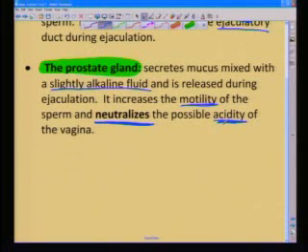And we don't want either the urethra in the male or the vagina in the female to be acid. We want it to be as close to neutral as possible. Otherwise the sperm cells will be harmed, and we don't want that. So the prostate gland secretes a mucus mixed with a slightly alkaline fluid, and its main function is to neutralize any possible acidity in the vagina, guys and girls.